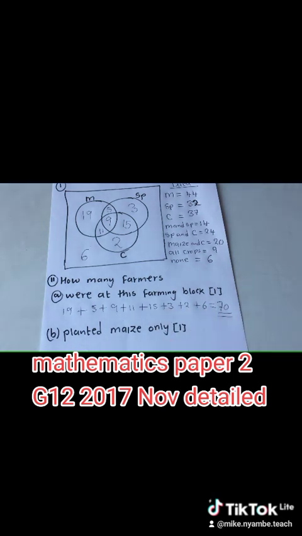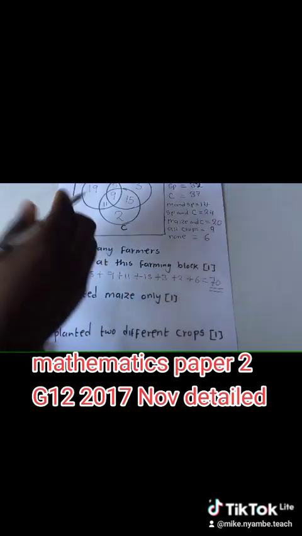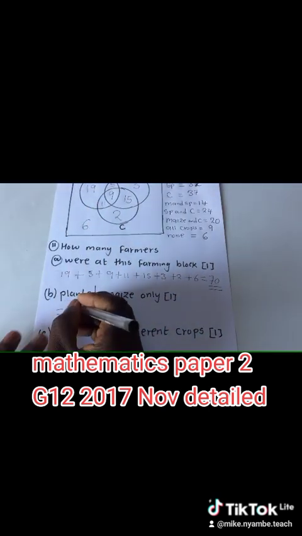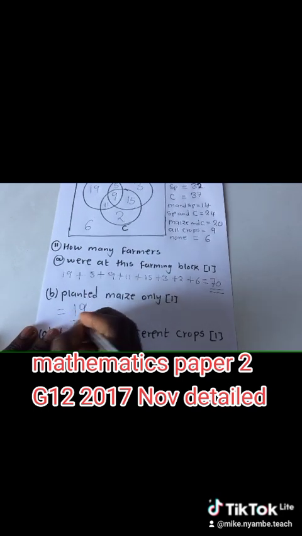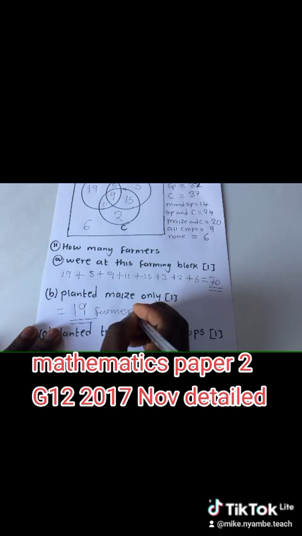You get 70. Question B reads as, how many farmers planted maize only? Since they said maize only, you just get the number, which is 19. 19 farmers.